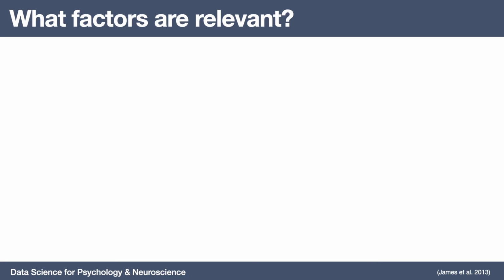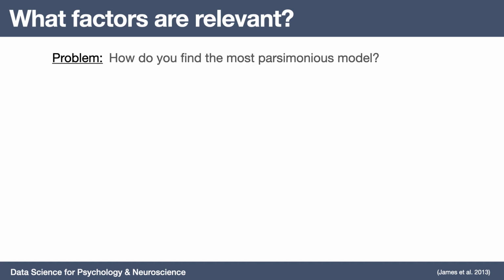What are the variables that are most relevant for your model? And in particular, how do you find the most parsimonious model? How do you select the most important variables and get rid of the unimportant variables? So let's say I have a regression model like this. So I have P feature variables.